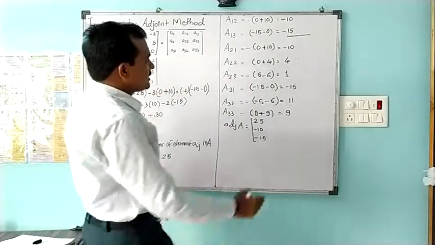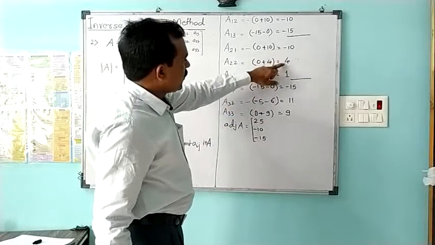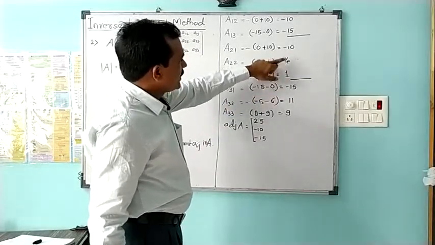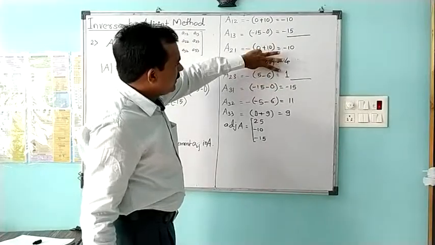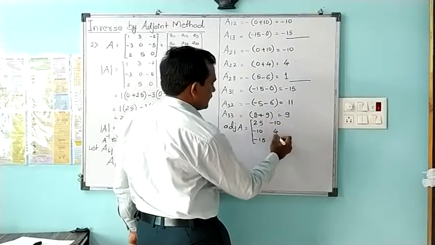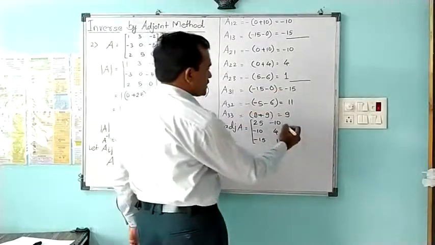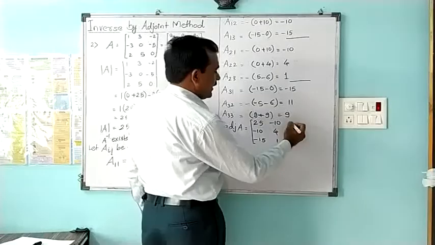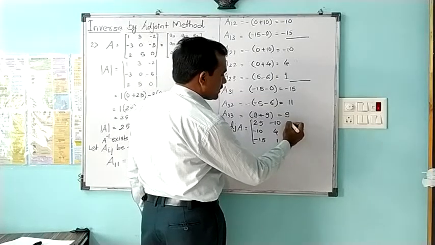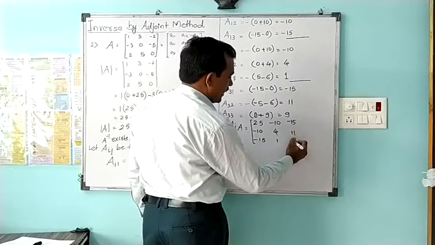Next 3 numbers, -10, 4 and 1, in the second column, and the last 3 numbers, that is the cofactors -15, 11, 9, in the third column.